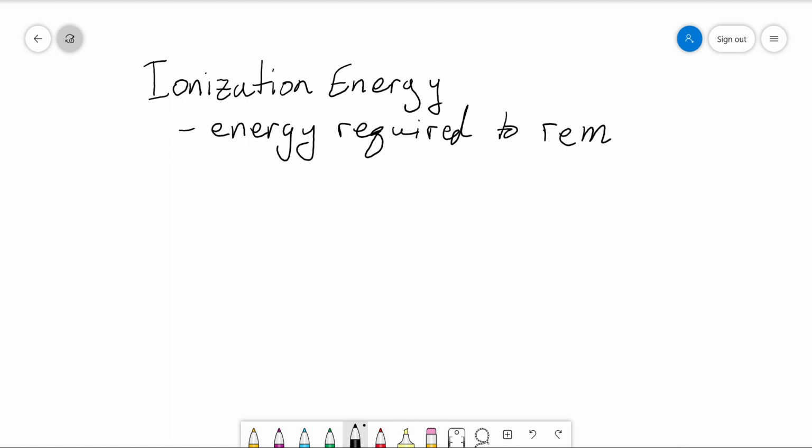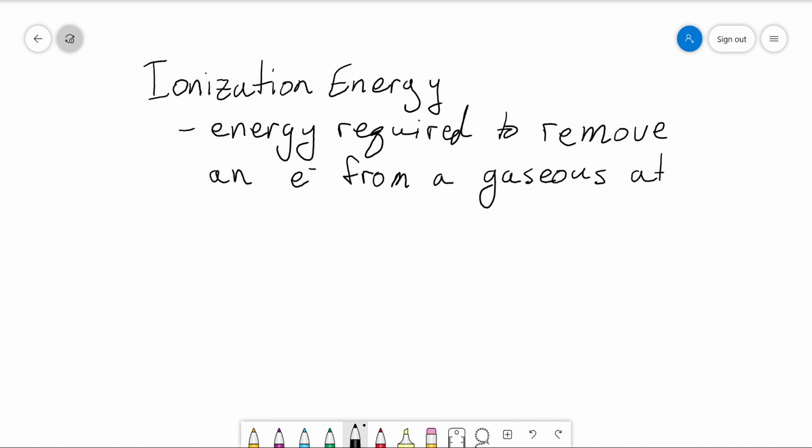It's specifically the energy required to remove an electron from a gaseous atom. Okay, so two keys. We're removing an electron, and it has to be a gaseous atom. The whole gaseous atom thing won't come up today, but later on it will be very, very important.